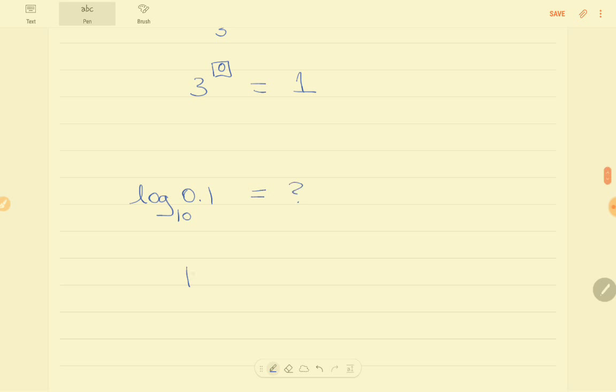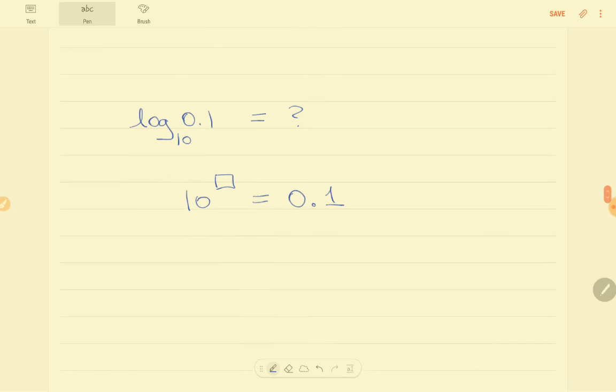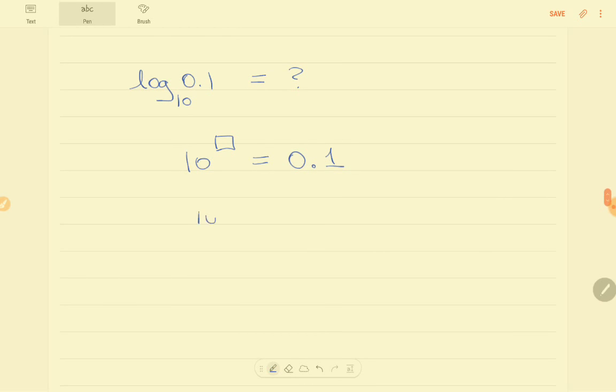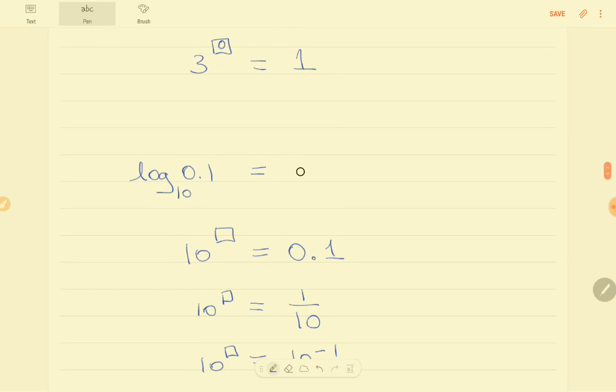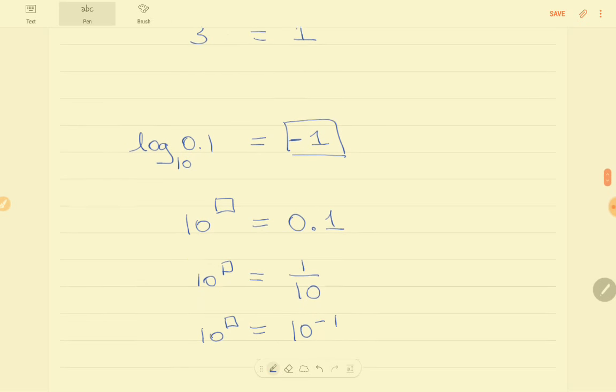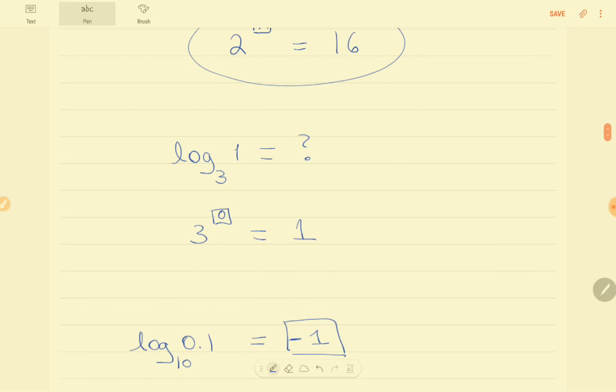So 10 to some power equals 0.1. 0.1 can also be written as 1 over 10, and 1 over 10 can be written as 10 to the negative 1, which means that the answer is -1. Okay, up here the answer was 0.